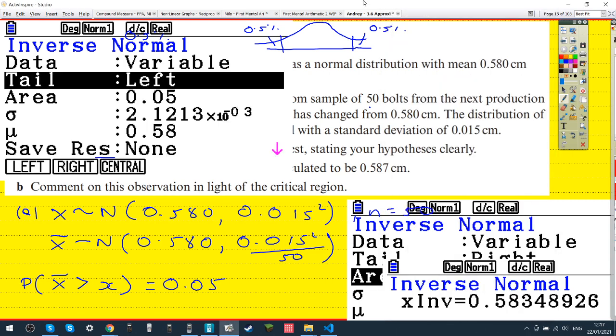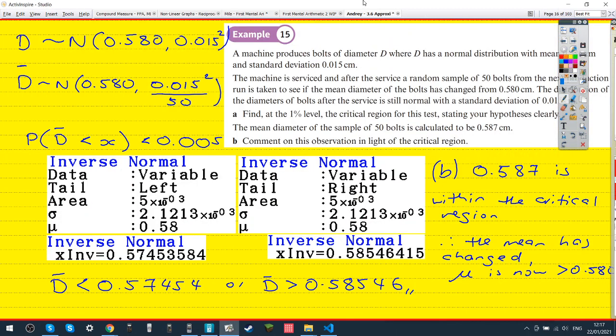Let me just copy that. Let's see. Yes, that's it. And so if you were to do what we were doing before, and you had this mean, this standard deviation, and you put in 0.57 or less, so like minus 999 as lower and that as upper, you would get roughly 0.5%.